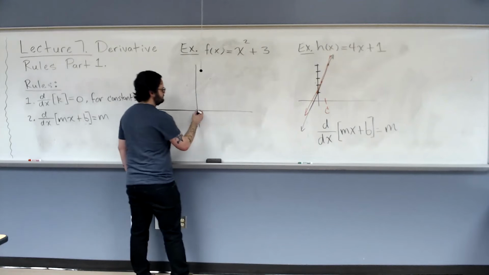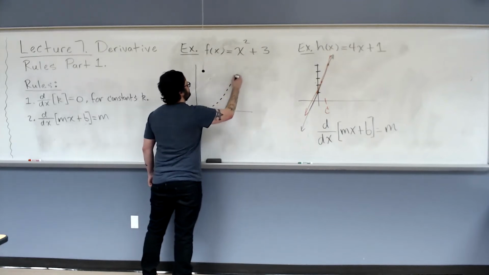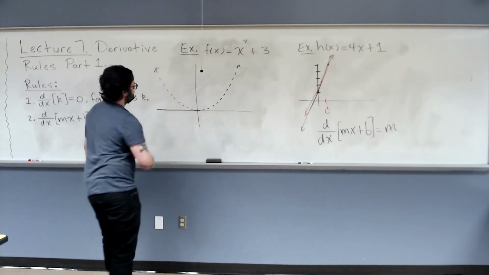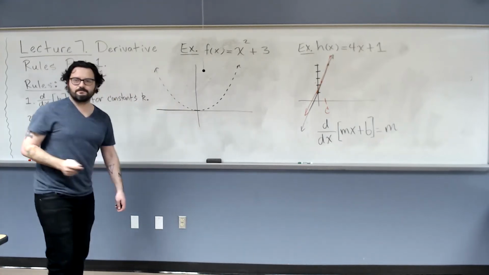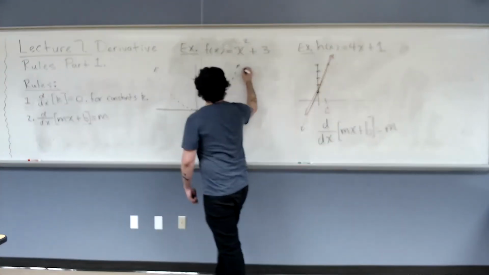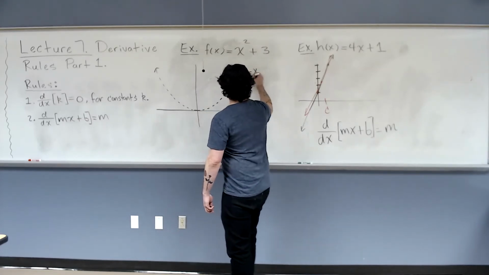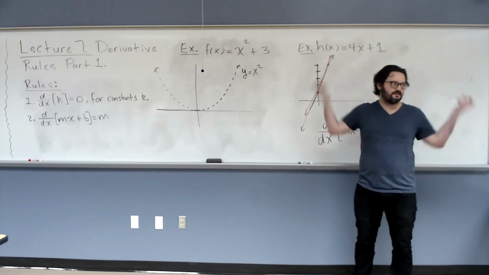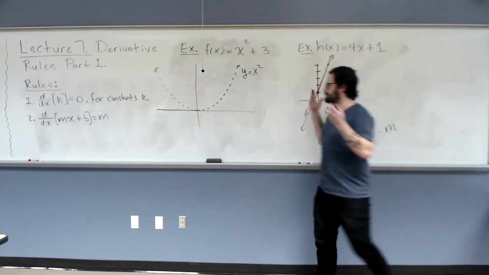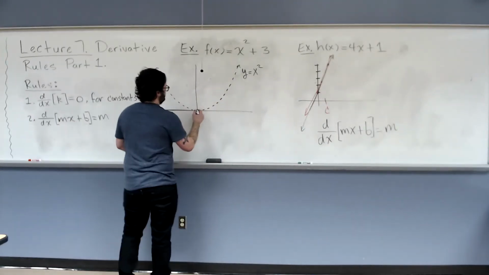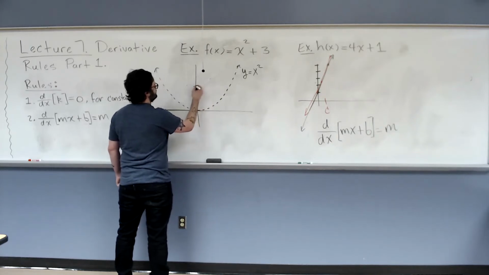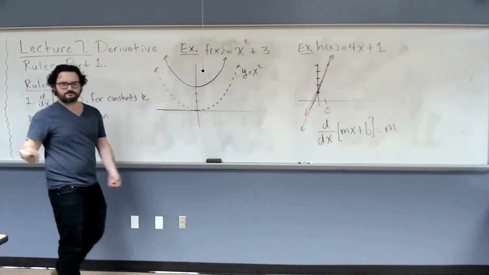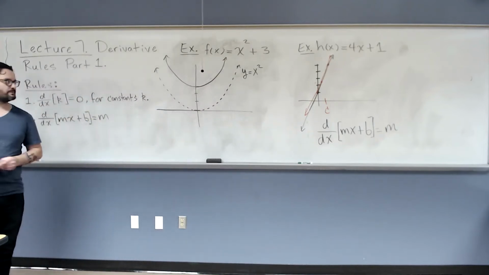It looks like this. Okay. So this is just y equals x squared. That function there that I wrote is just that thing picked up, right? So 1, 2, 3, it looks like this.